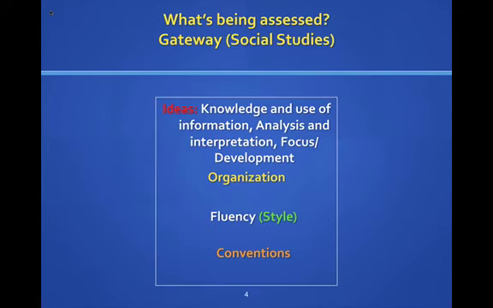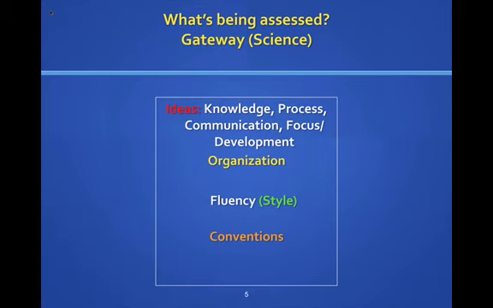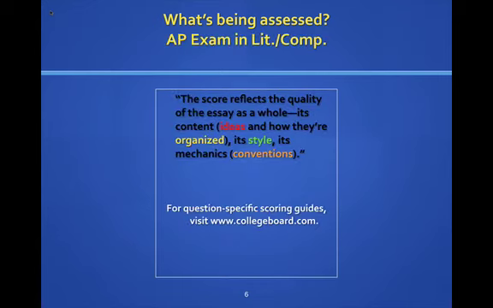are examples. The Gateway Social Studies: ideas, organization, fluency, which is the same as style, and conventions. Gateway Science, same areas: ideas, organization, fluency/style, and conventions. The AP exams, the score reflects the quality of the essay as a whole, its content, which is ideas and how they're organized, its style, and its mechanics, which means conventions.